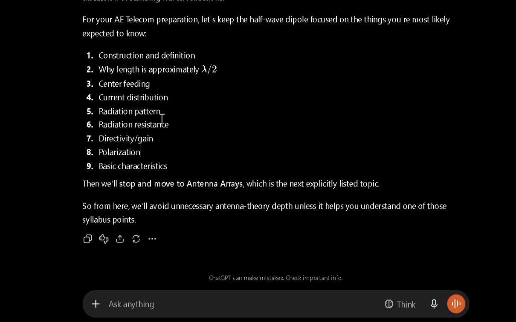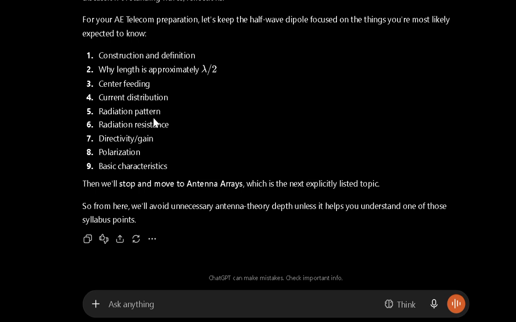So radiation pattern is something like this: for an AC current, the radiation is sideways for a dipole. For the monopole, there will be a different radiation pattern.